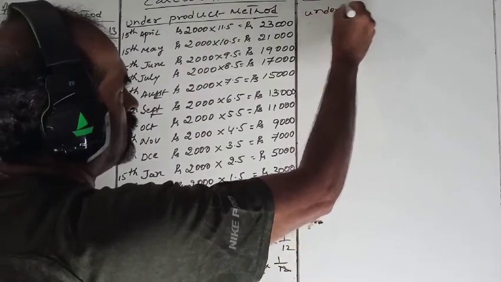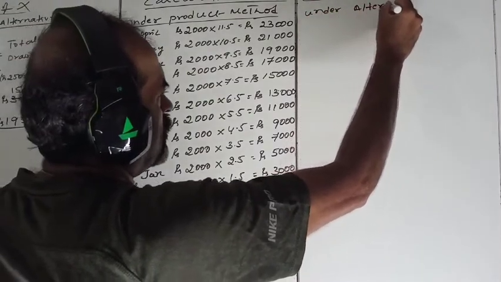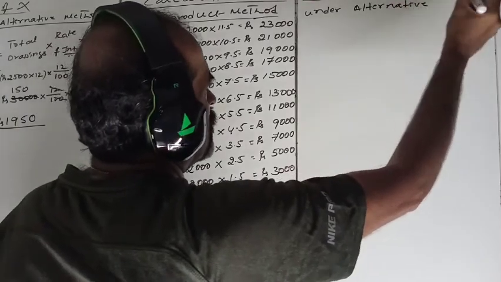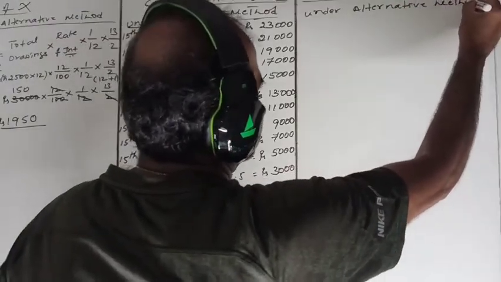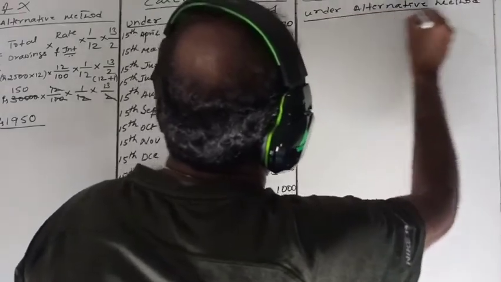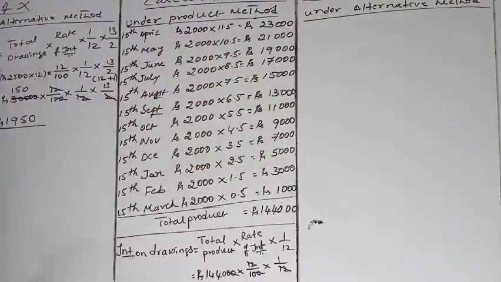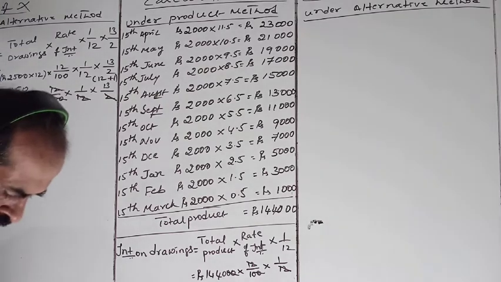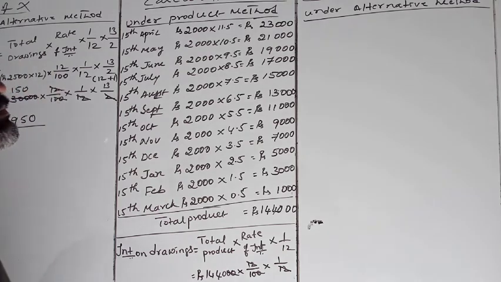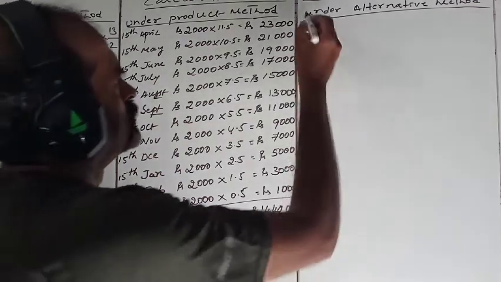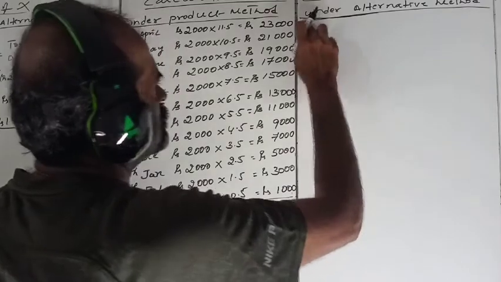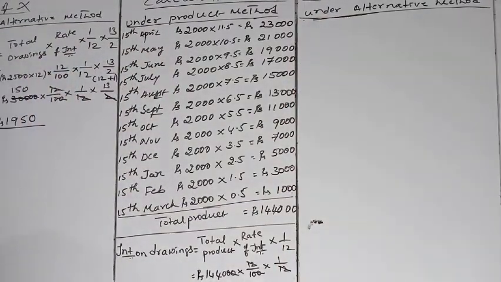Under the alternative method, is there any doubt under the product method?